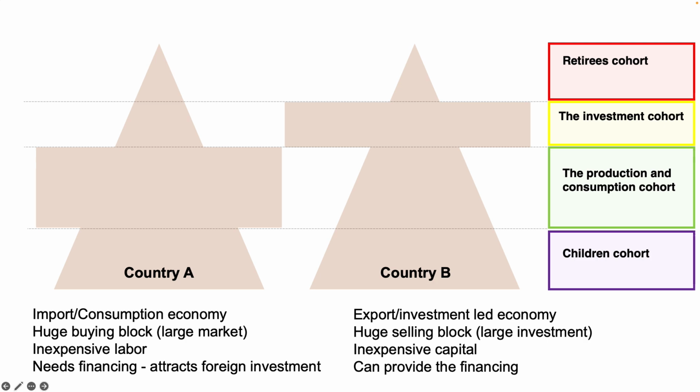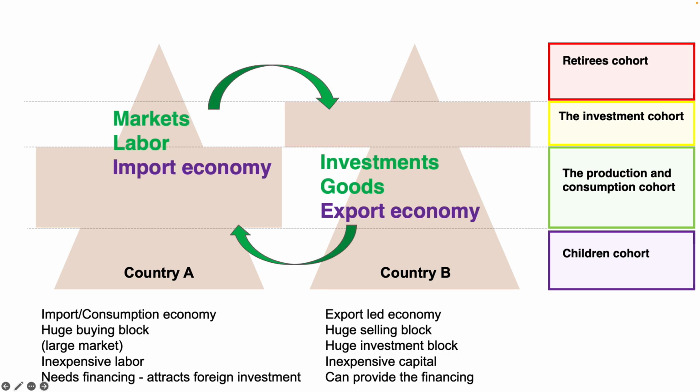And country A helps country B's investments grow as well as provides a market to sell goods to. Said another way, country A provides the markets and labor that country B needs, and country B provides the investments that country A needs. These two countries are BFFs, and their national policies will reflect this.